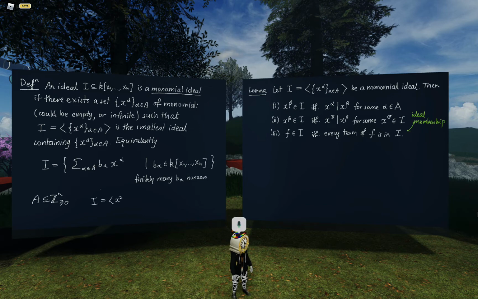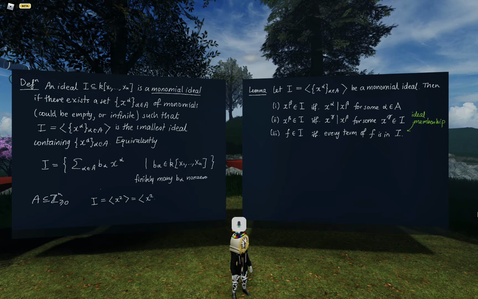To get you started, give me another set of monomials that generate that ideal. x to the 4 and x to the 6.